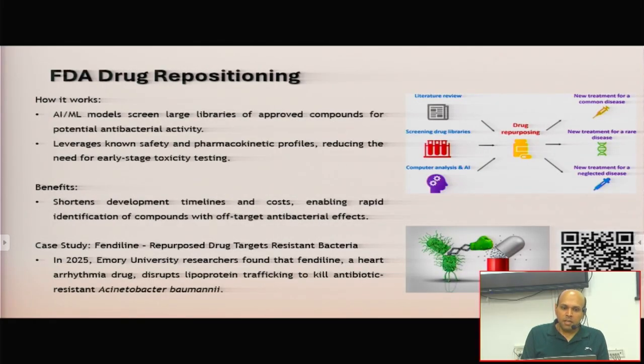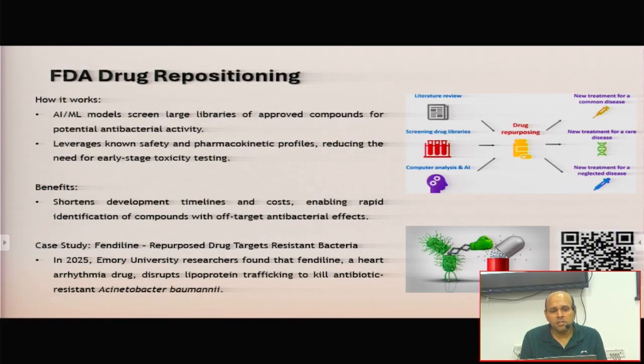So, FDA drug repositioning or repurposing, I already highlighted to you earlier what repositioning is. You are taking a drug that is used for, say, treatment of blood pressure or diabetes, and you are using that for treating bacterial infection.